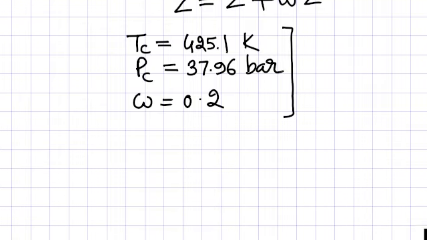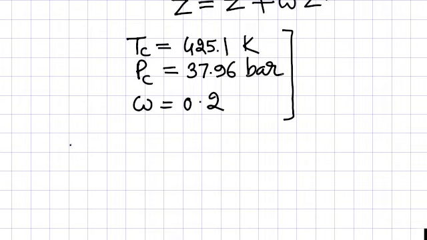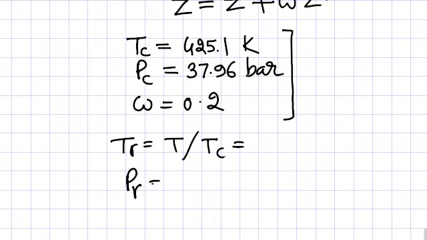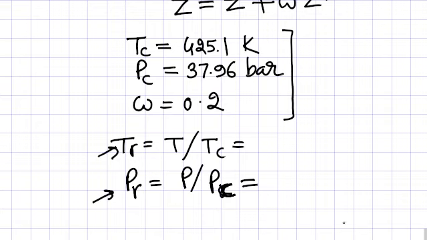The next step is to find the reduced temperature and reduced pressure. Reduced temperature will be T over Tc, and reduced pressure is P over Pc. So the formula is this, put all the values in this. What are the values?